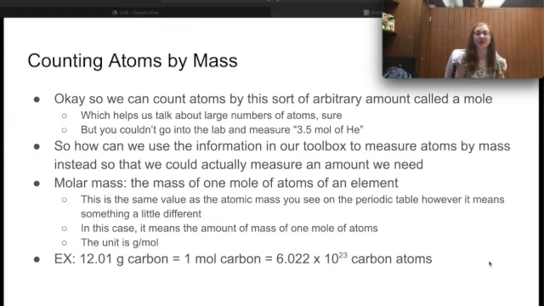So if I have chlorine, I have 35.45 grams for every 1 mole, grams per mole. So for example, carbon is 12.01 atomic mass units, or you can think of it as 12.01 grams for every 1 mole. And then every 1 mole is 6.022 times 10 to the 23rd atoms.